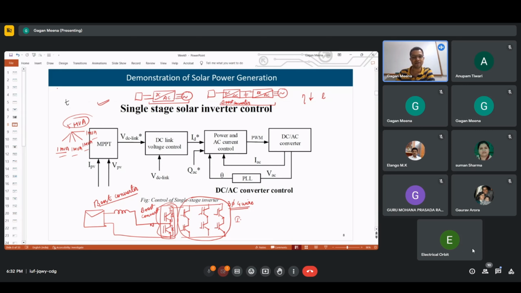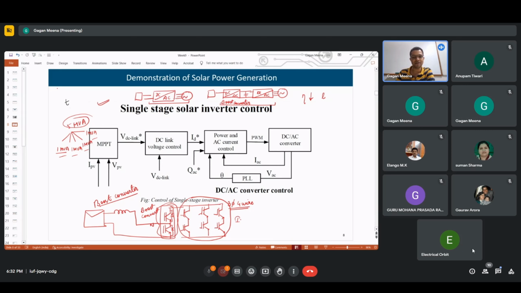But how to ensure that speed? How to know that speed? That angle, that omega, is calculated by this PLL. So if this DQ frame of reference rotates at the same speed as the grid voltage and current signals, at the same frequency as the grid frequency, then we can get these DC quantities.